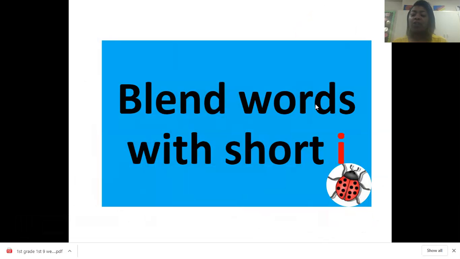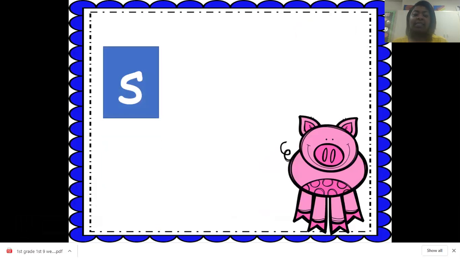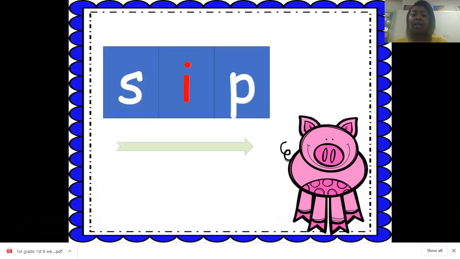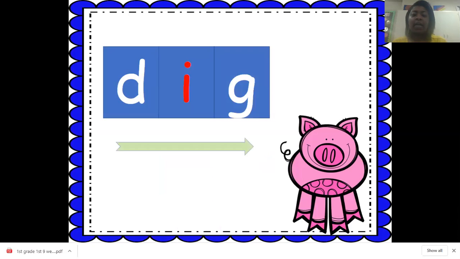We're going to blend words with short I. This is my turn. I'm going to model it for you. Sip. When I blend, I say each sound, and then I want to go back and smooth that word out and just say the word. D, ig.